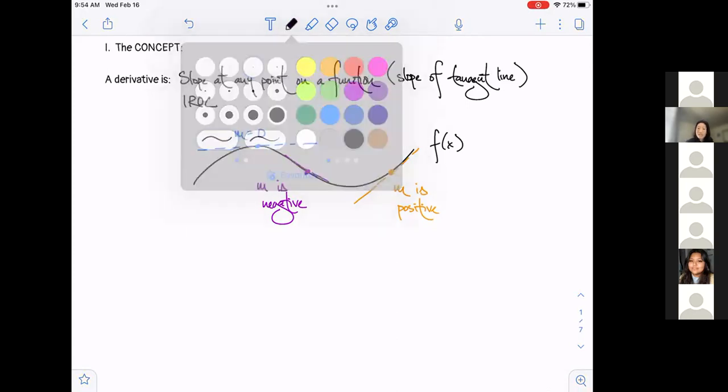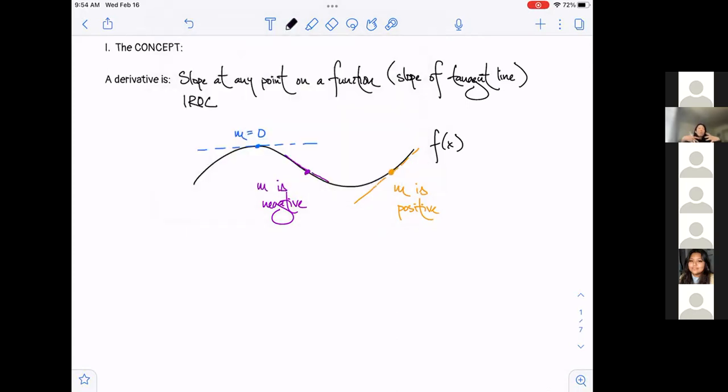But I want to put down a sentence that maybe will frame what we're going to be doing when we talk about finding derivatives. Okay.